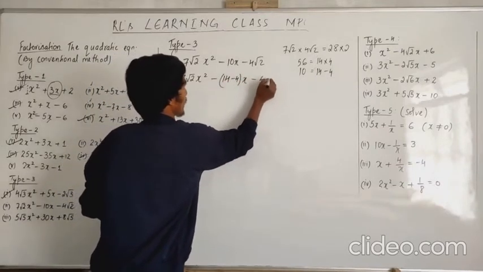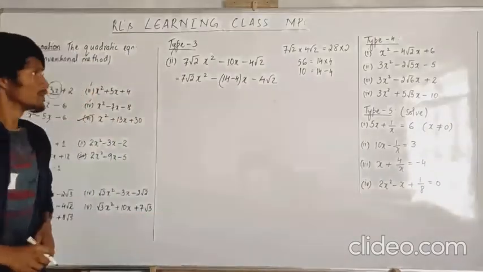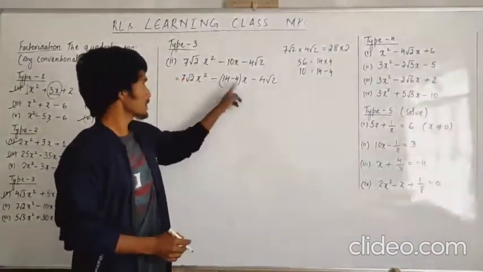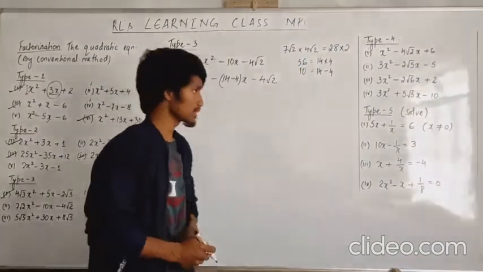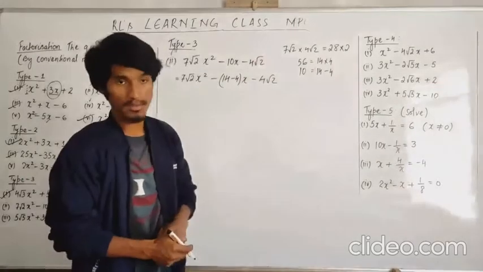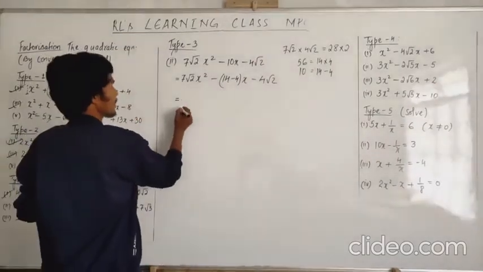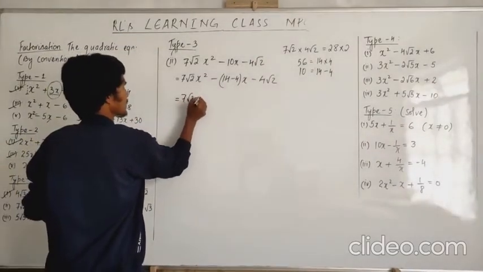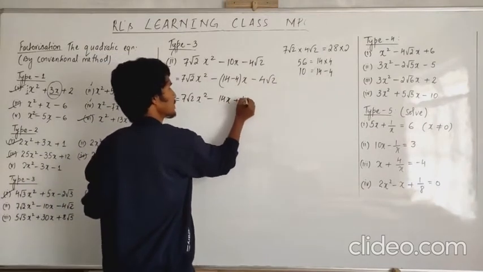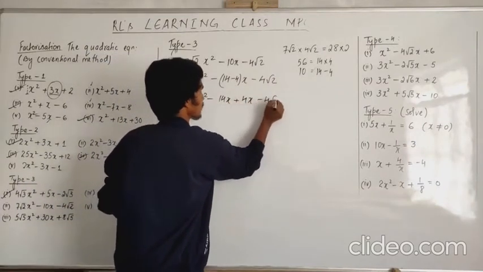Then this will remain as it is. We already got this, because 14 minus 4 we got 10, then 14 into 4 we got 56. Now from there we got 56 when we multiply, and the sum 10. Then 7 root 2x as it is. Then 14x. Then minus into minus is plus, then 4x, then 4 root 2.